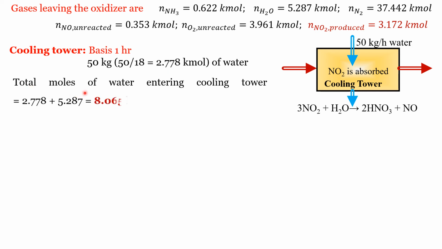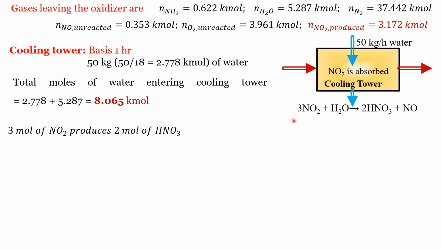So the total moles of water entering the cooling tower will include the moles from this stream, as well as the water coming from the gas stream, that is 5.287 kilomole. So the total moles of water entering into the cooling tower will become 8.065 kilomole.